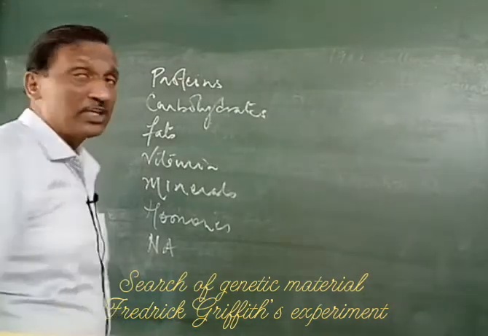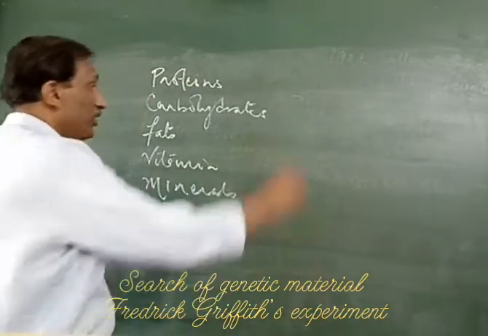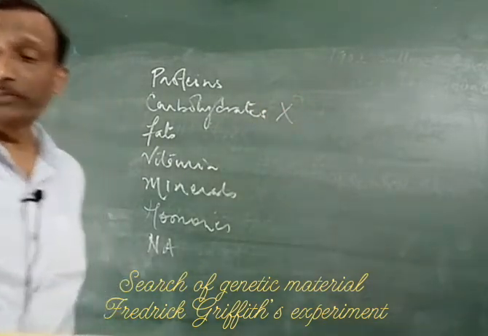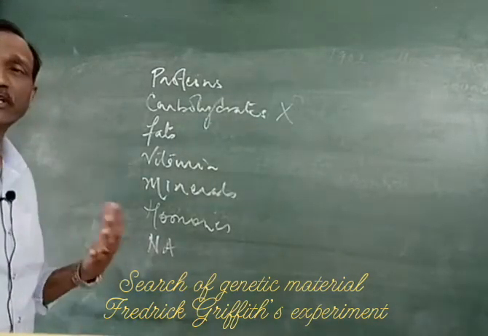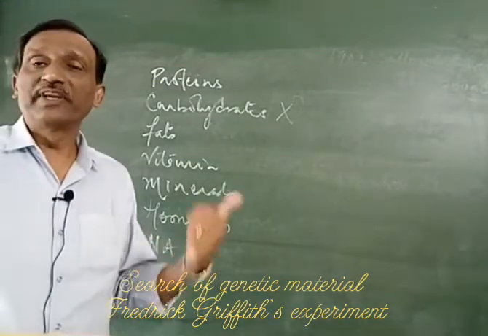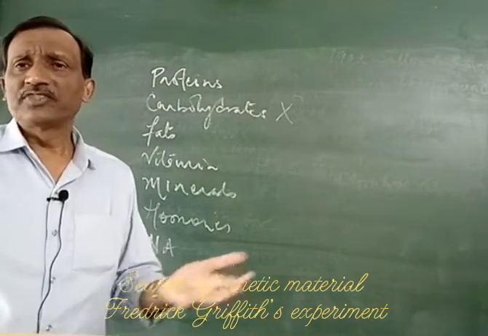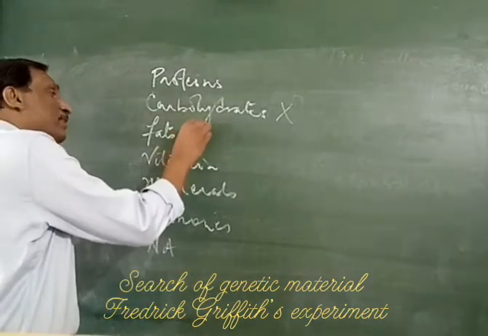Now if you look for 40,000 to 80,000 molecules, carbohydrates do not provide that much variation. Such a great number of carbohydrates are not there, because the number of carbohydrates is defined by the number of carbon atoms, which varies only from 3 to 7. And even if we take their isomers and all, they will not provide such a great number. Fats are very much limited.